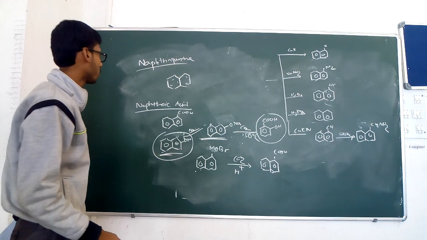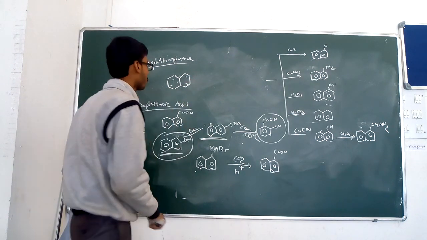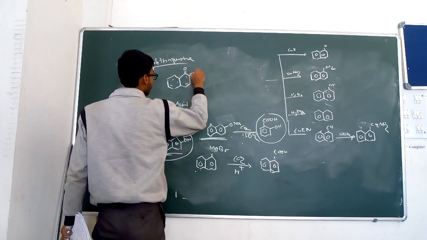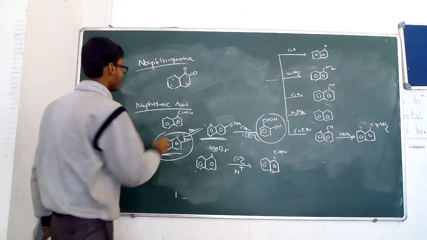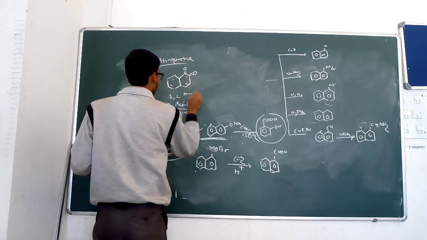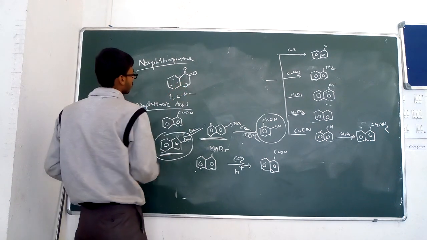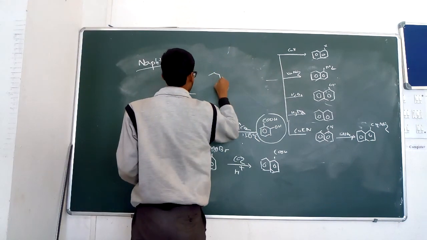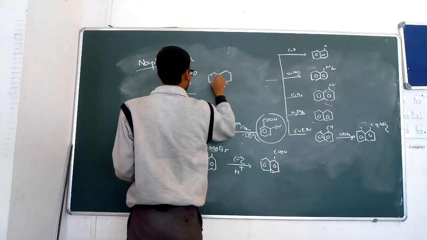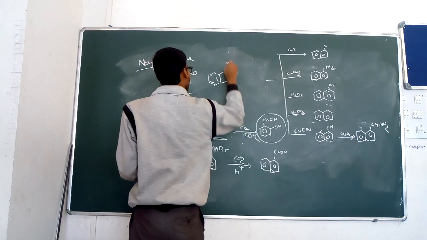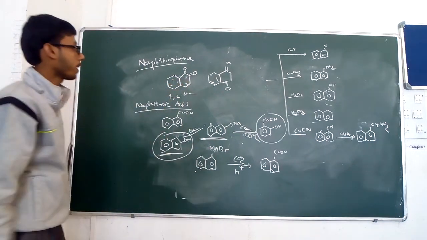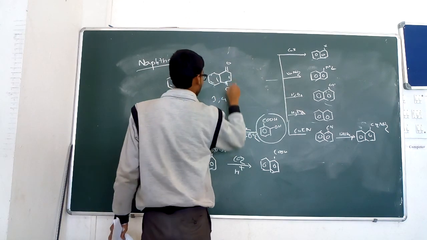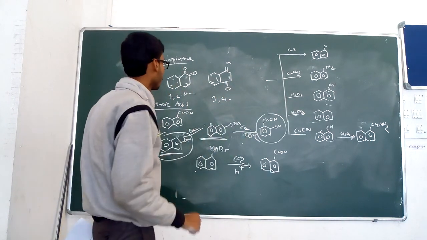So you can see that here are three forms of naphthaquinone. One is 1,2, where the carbonyl groups are present at the 1,2 positions, that is the 1,2-naphthaquinone. When the carbonyl groups are at the 1 and 4 positions, that is known as the 1,4-naphthaquinone.